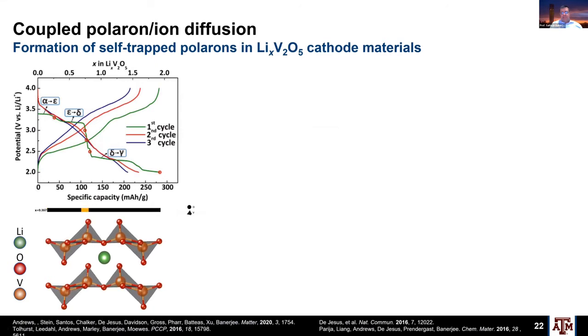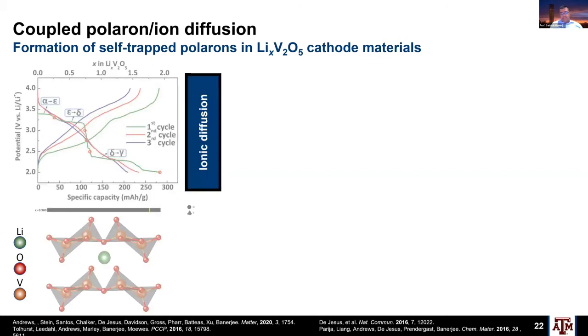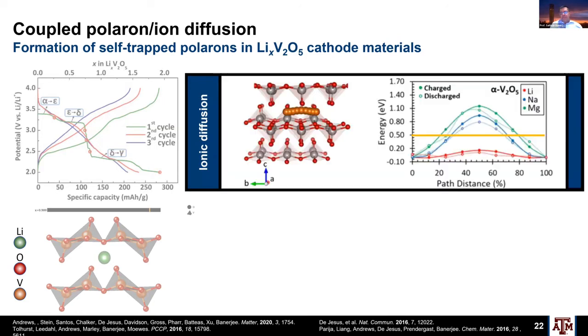You can see as lithium ions come in, you've got a series of phase transformations that take place, and you go through these different plateaus, and the structure of the intercalation host also changes. The lattice puckers to accommodate polarons.